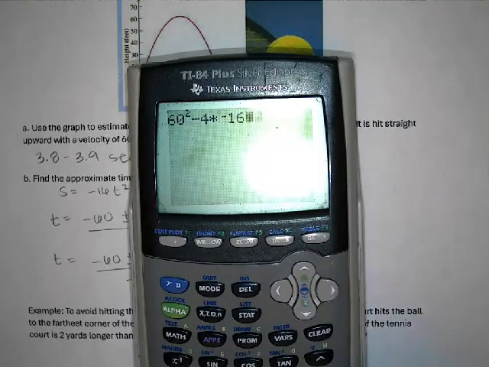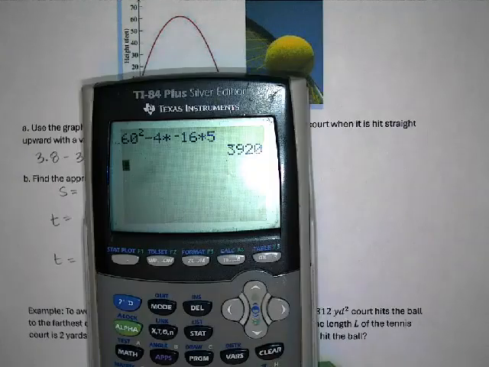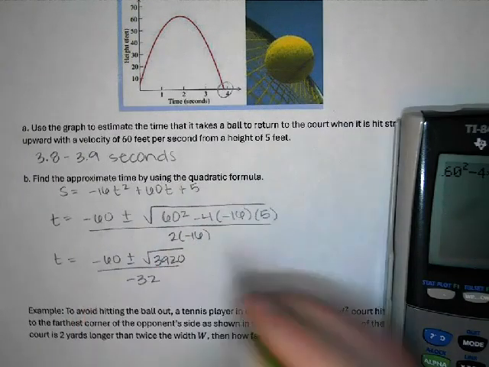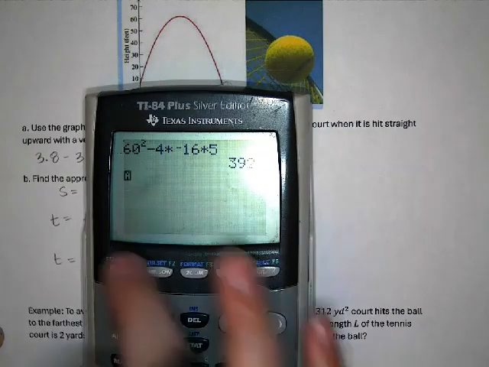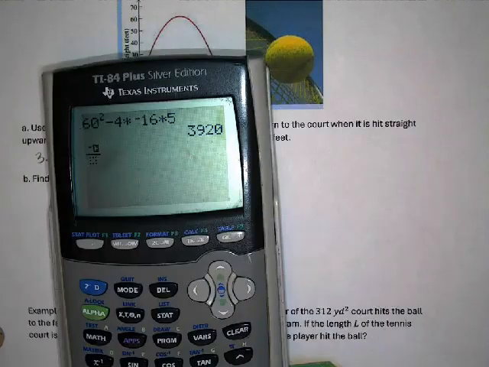So there's your discriminant. And then we have to type this in. So t equals negative 60 plus the square root of 3,920, divided by negative 32.